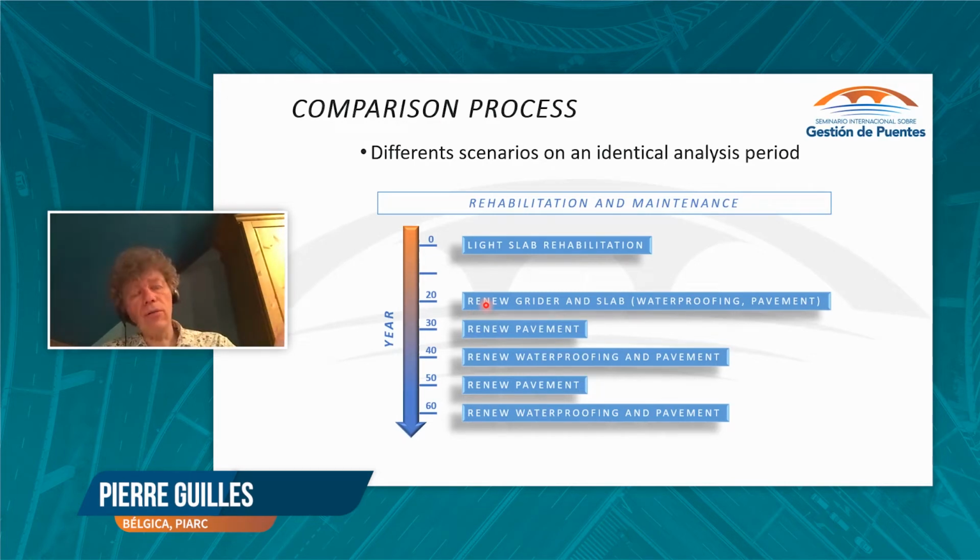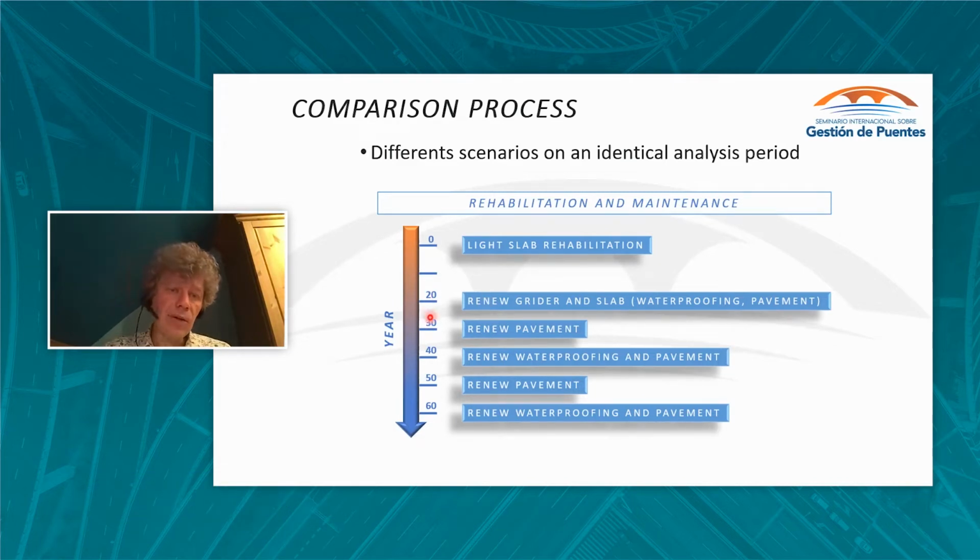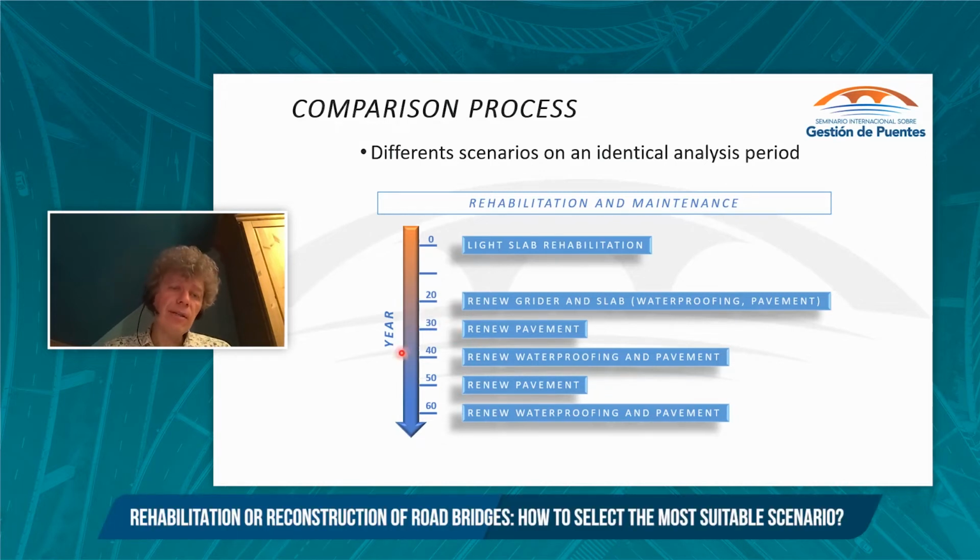This is related, of course, to the example I showed you at the beginning. Then 10 years later, I will renew the pavement. 10 years later, I will renew the waterproofing and the pavement, and then only the pavement 10 years later, and then again 10 years later, the waterproofing and the pavement. So I have a cycle of replacement of the pavement every 10 years and of the waterproofing every 20 years. This is all the operations that I will have to do on this bridge during the whole analysis period.